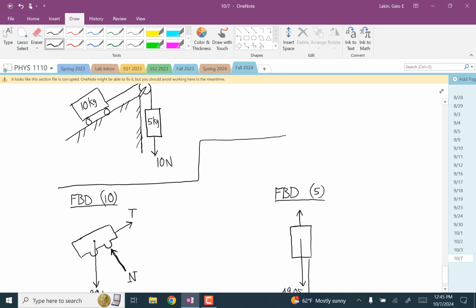And since it's the same cable as this one, even though it passes through pulleys, it's the same cable, so those have the same variable, same tension. Any questions about that? Okay.